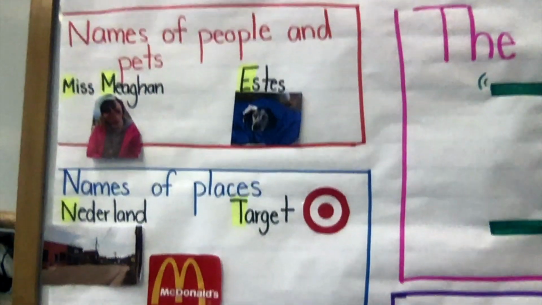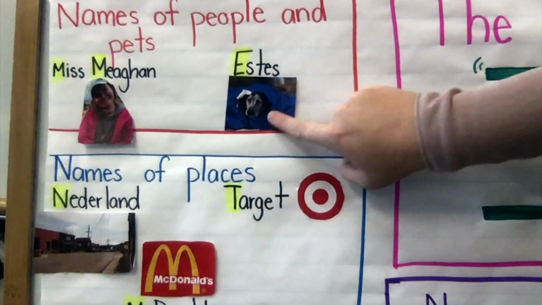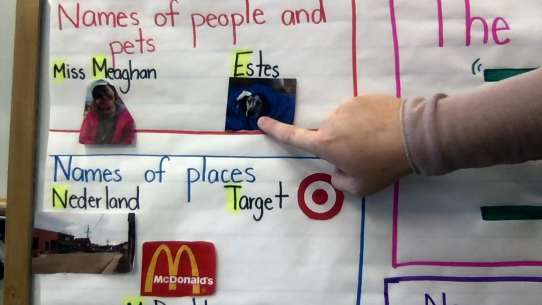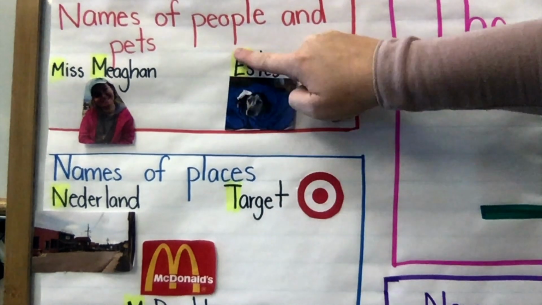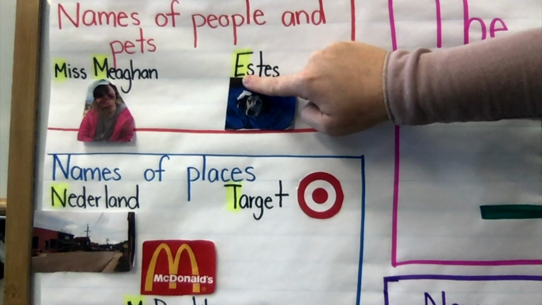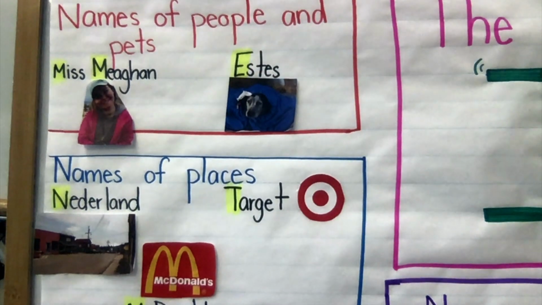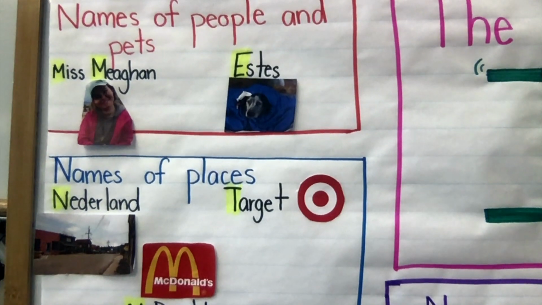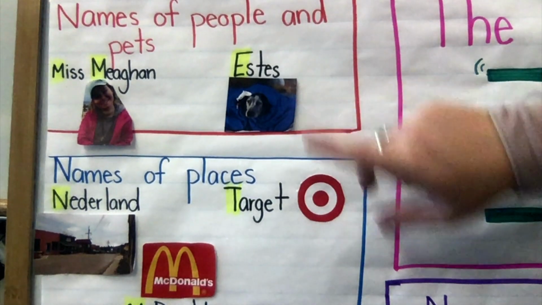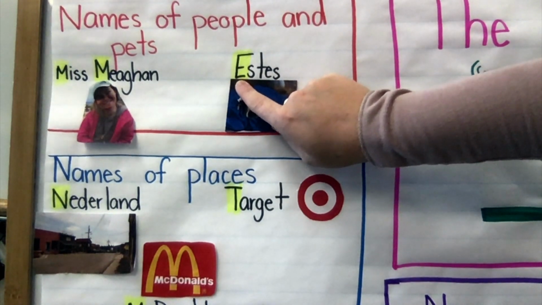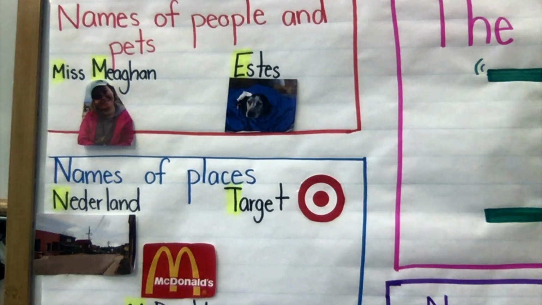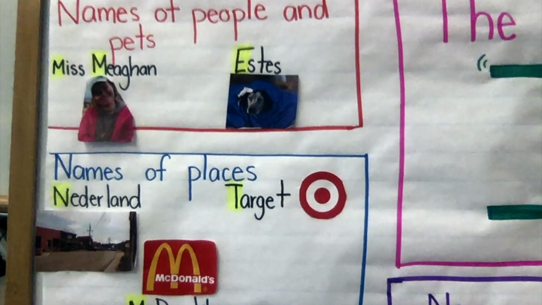Then over here, all cozied up in a blanket or a sleeping bag is my dog Estes. And Estes, because it's his name, he gets a capital E at the beginning of his name, even if it's in the middle of my sentence. Like if I said, me and Estes went to the park, I would make sure that Estes's name had a capital E.